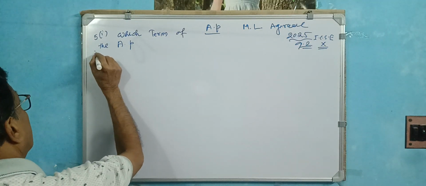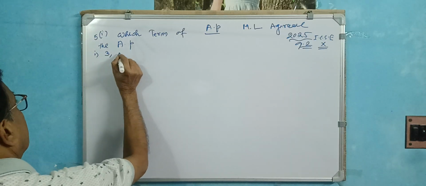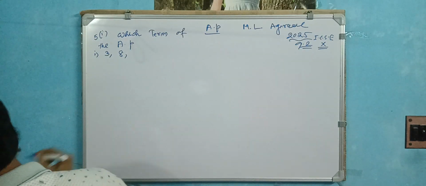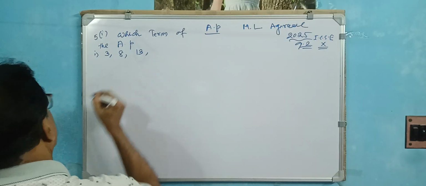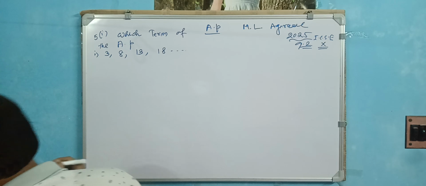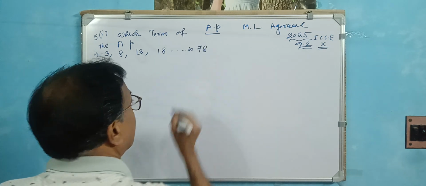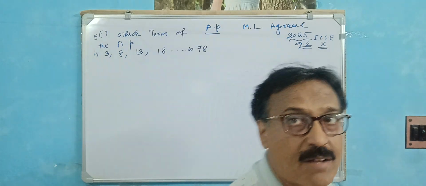The first sum is this: 3, 8, 13, 18, and so on. Which term is 78? Okay, this is the sum.